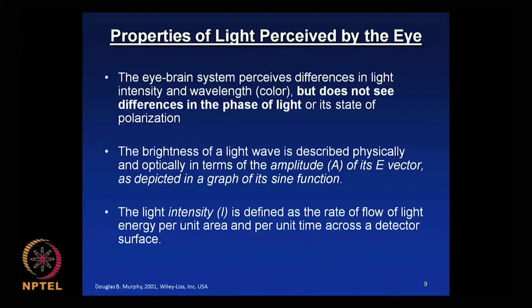The second point is that the brightness of the light wave is described physically and optically in terms of the amplitude of the electric vector, which we have just seen in the earlier slide as a sine function. The light intensity is defined as the rate of flow of light energy per unit area and per unit time across a detector surface.